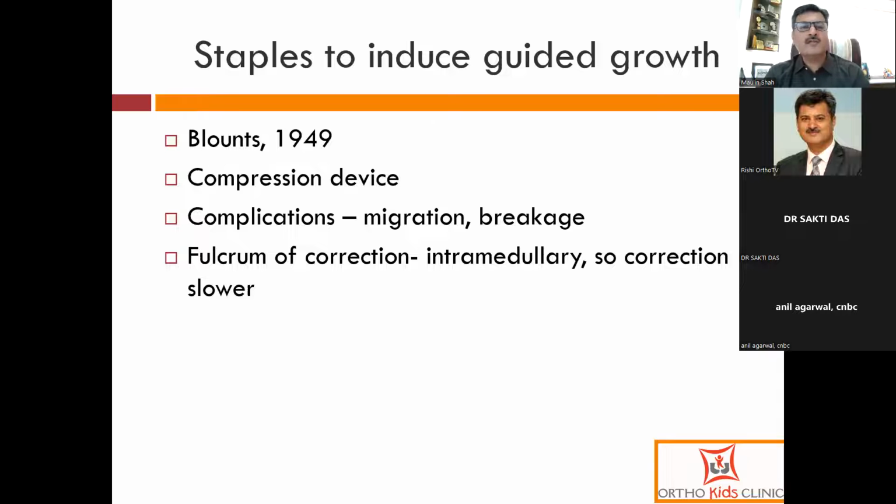The complications described in various papers with staples are migration or breakage of staples. And the key thing is that the fulcrum of correction when we put a staple is at the compression site, which is intramedullary, and so correction is slower compared to an implant which is placed on the periosteum, outside the bone.